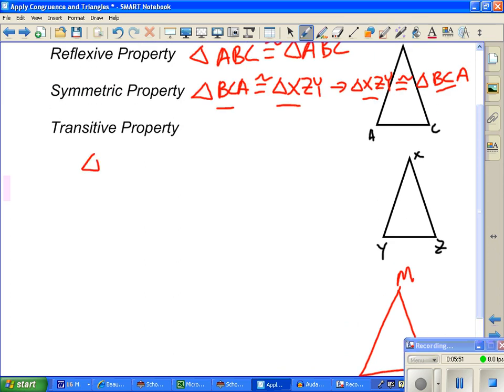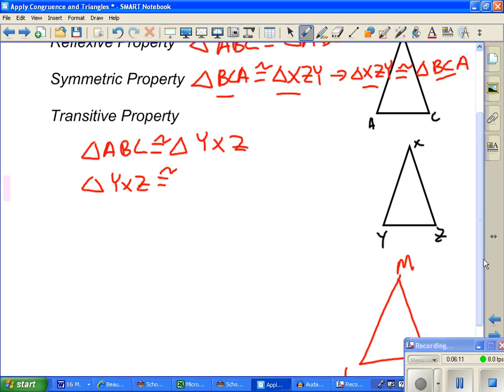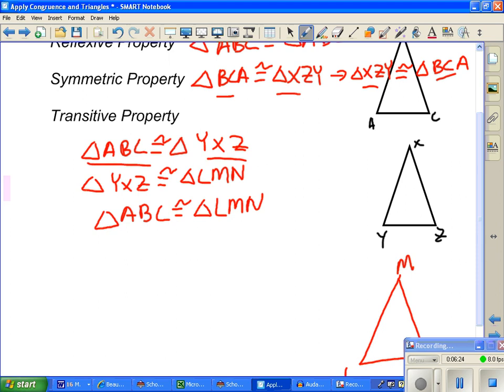So if triangle ABC is congruent to triangle, and if I go in the same order, YXZ, and triangle YXZ is congruent to triangle LMN, then that means that triangle ABC is congruent to triangle LMN. If A equals B and B equals C, then A equals C. Same idea, we're just applying it to triangles.